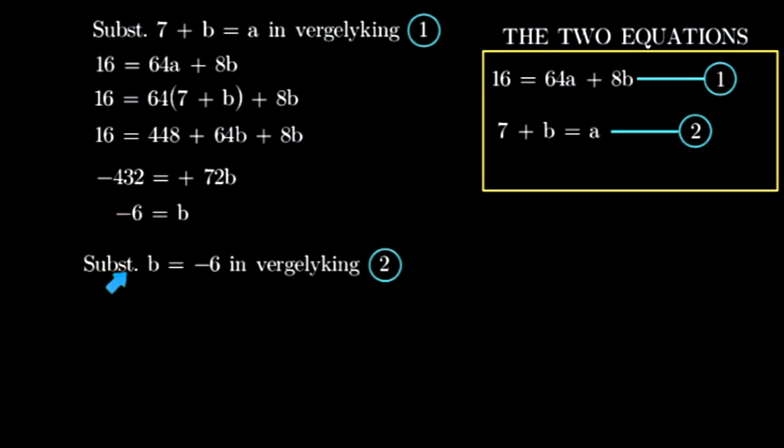I'm going to substitute it into equation 2, which was 7 + b = a. In the place of b, we put -6, so 7 + (-6) = a. This is the same as 7 - 6, so a is equal to 1.